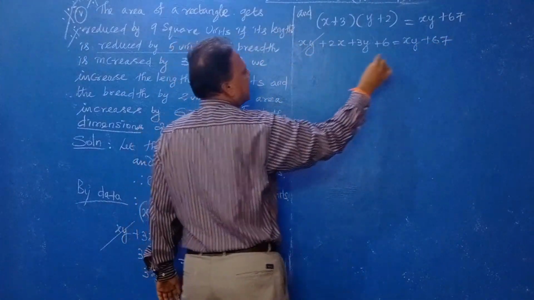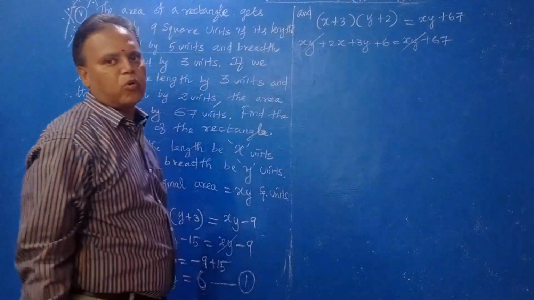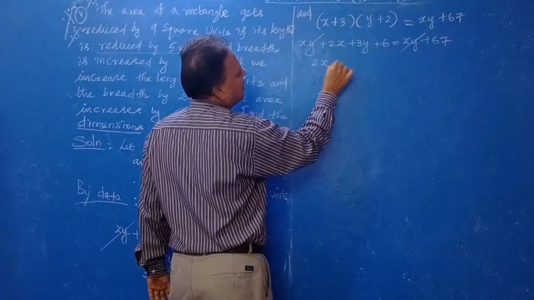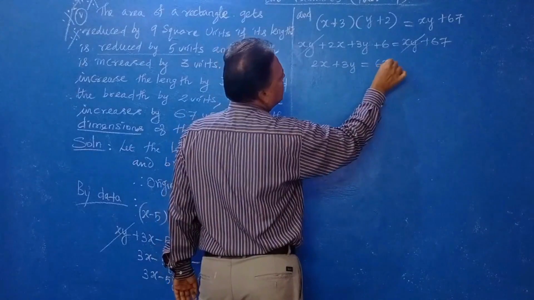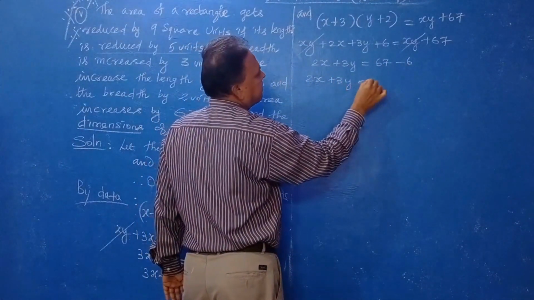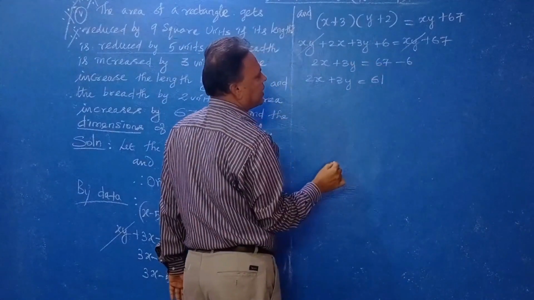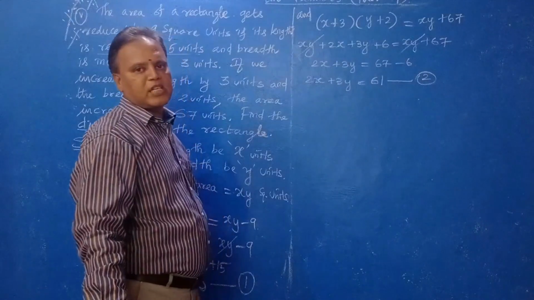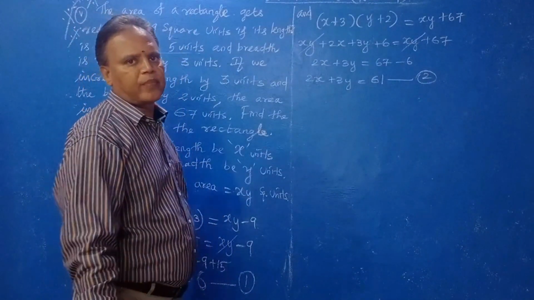So both sides again xy cancel. Therefore 2x plus 3y equal to 67 minus 6. How much? 61. This is equation number 2. Clear?